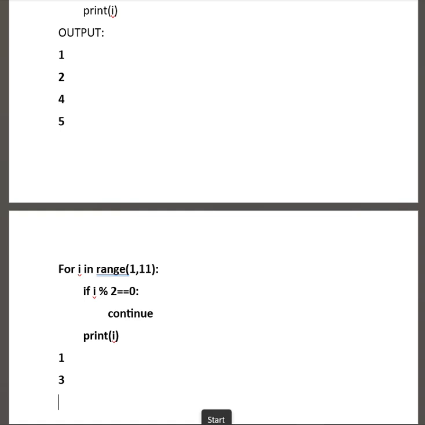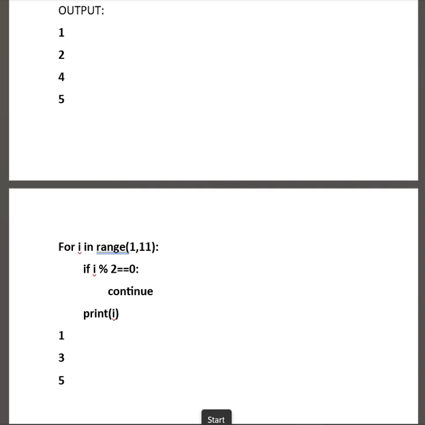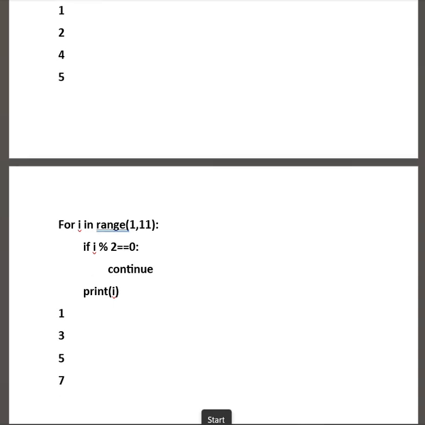Next it goes to 4. 4 is divisible by 2, so it will continue, it is skipping. Okay, 5. Next 7. It will be removing numbers which are divisible by 2. They will be skipped, and those which are not divisible by 2 will be printed.